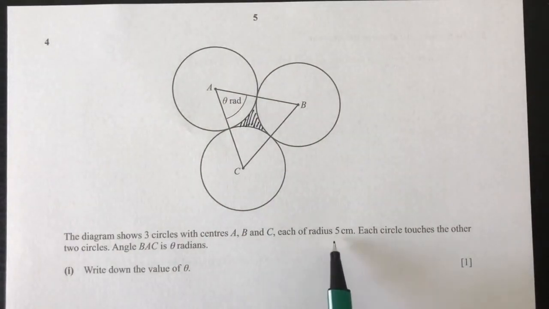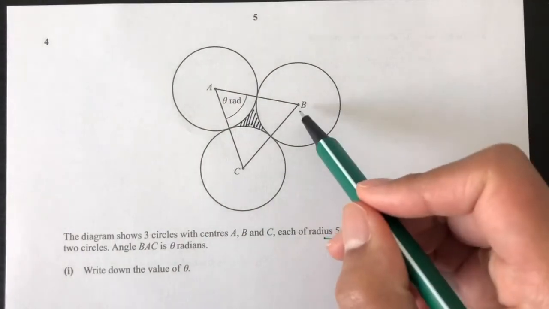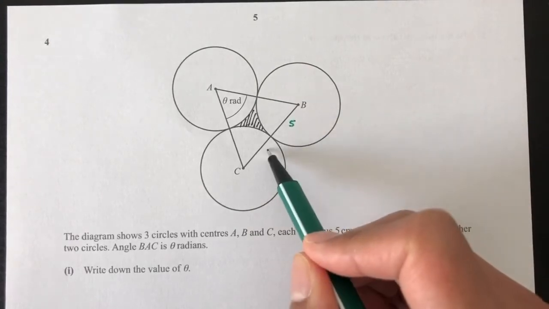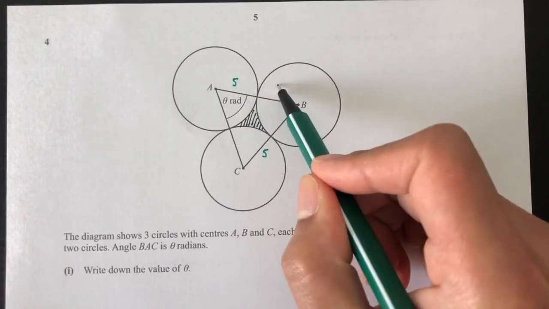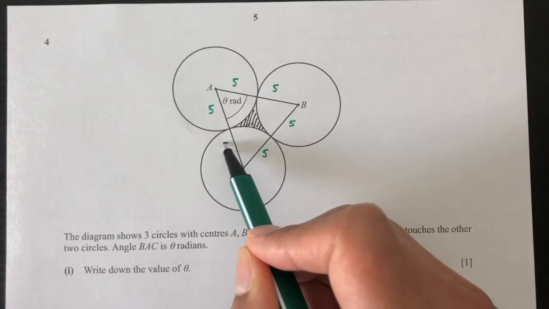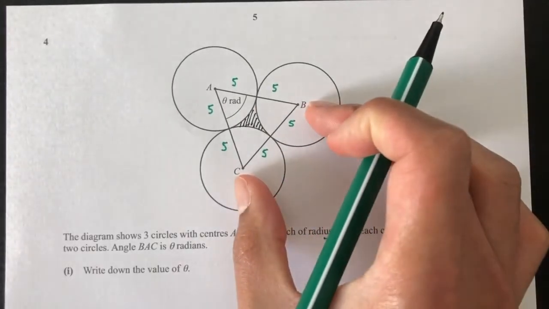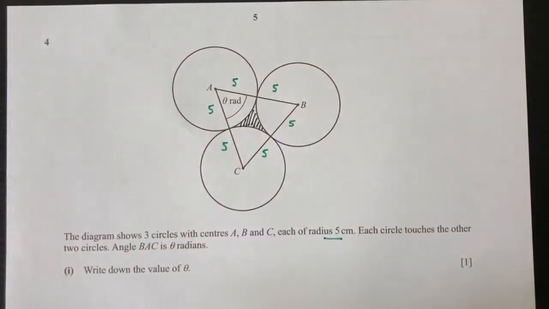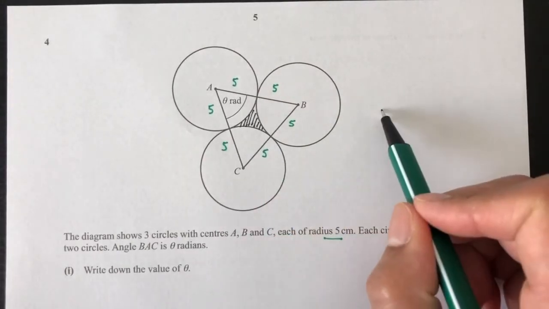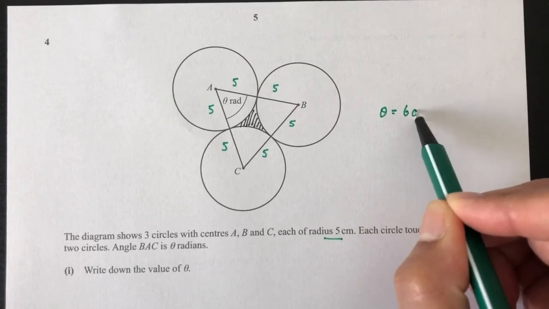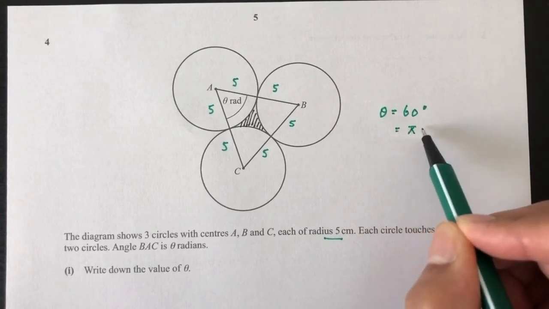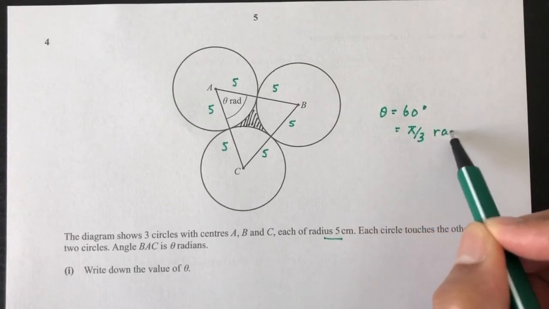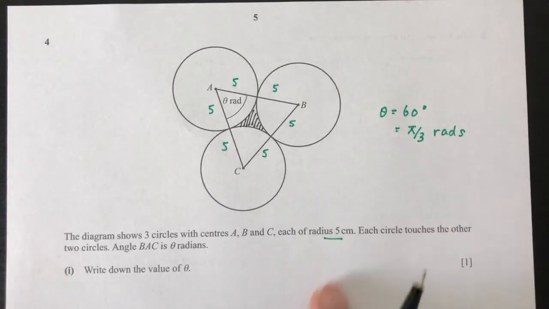Each has a radius of 5, which means that these sides are 10, 10, and 10. And since all the sides are the same, the angle theta will be equal to 60 degrees, which is pi by 3 radians.